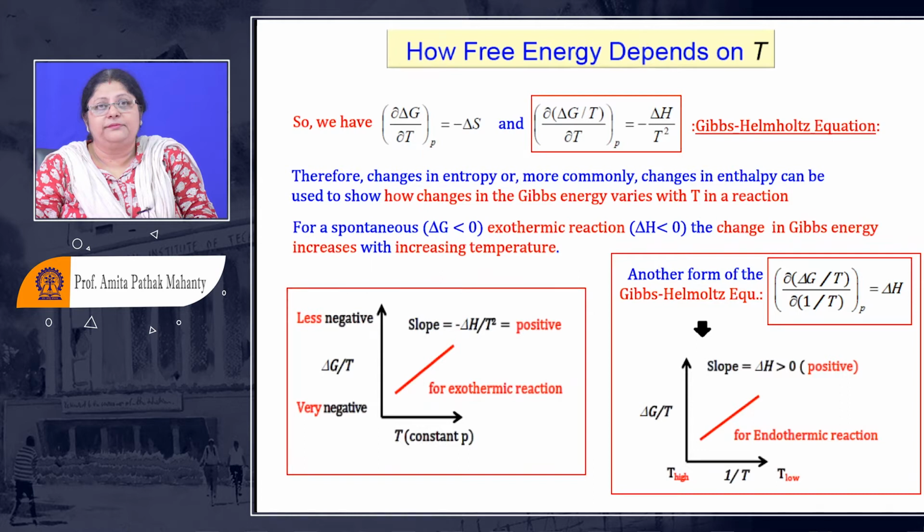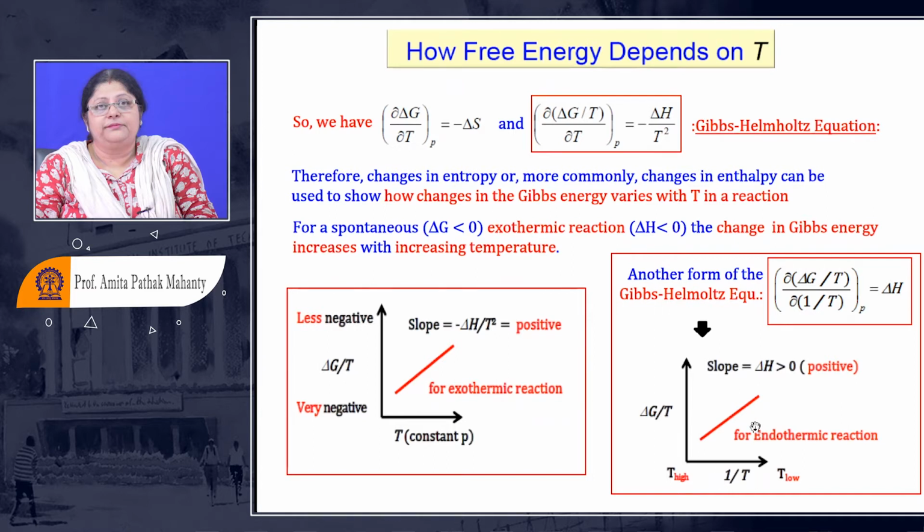Now, if you take the other form of the Gibbs-Helmholtz equation, what is that? We are talking about a change of delta G by T with respect to 1 by T. That is equal to the measure of delta H, right? So if I have a plot for a process which is exothermic, then G by T versus 1 by T, how will the plot look like?